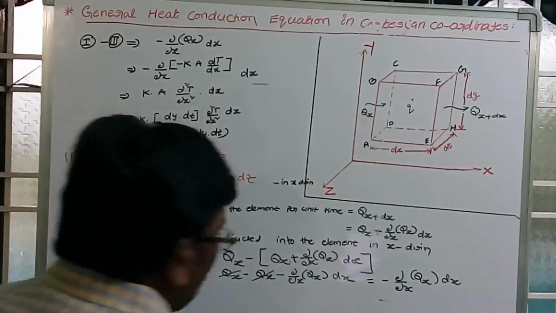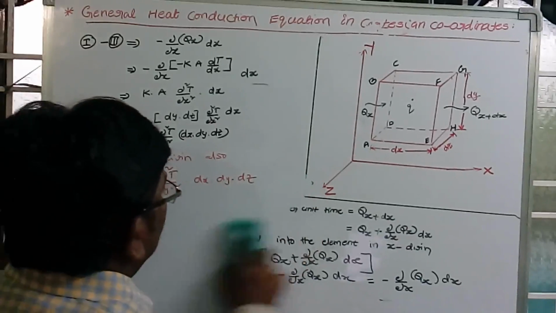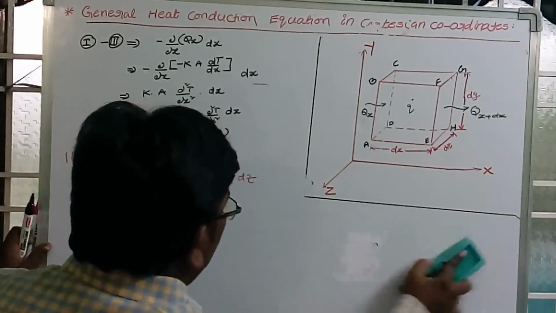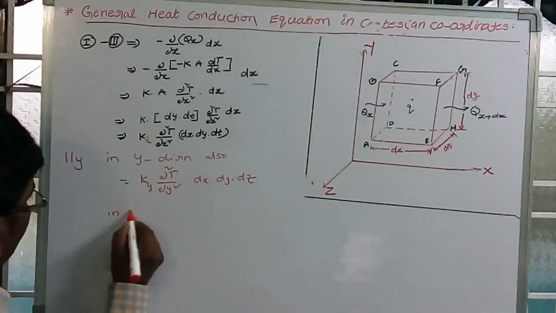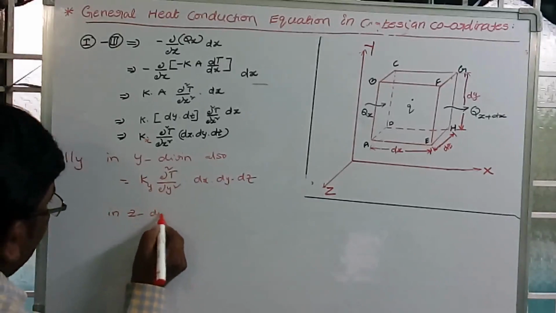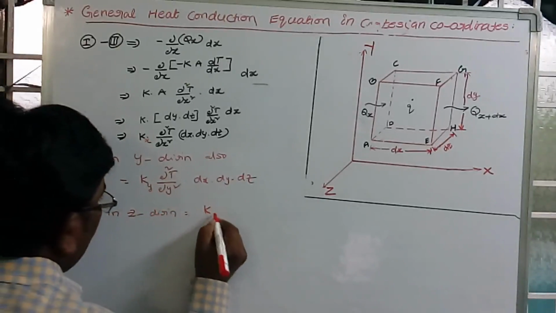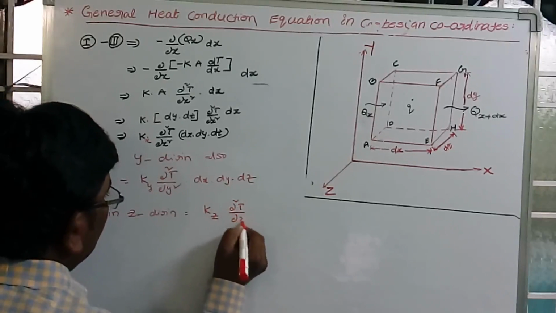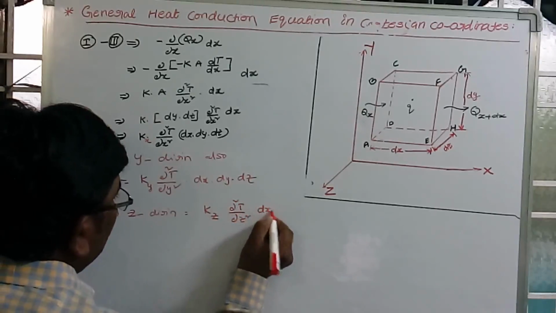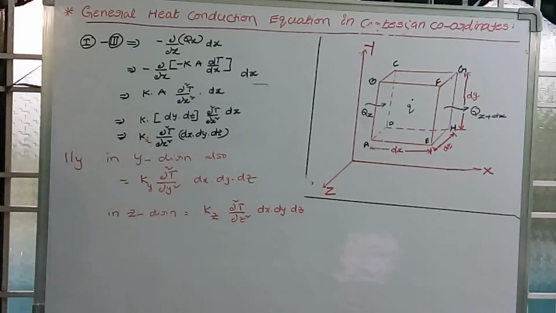Same in the z direction, it is equal to kz into dou square T by dou z square into dx into dy into dz.